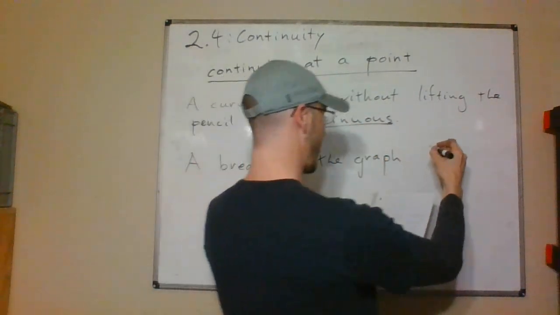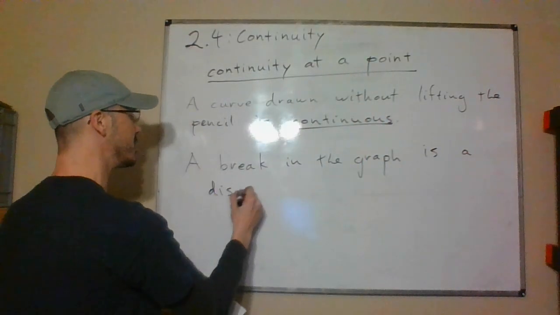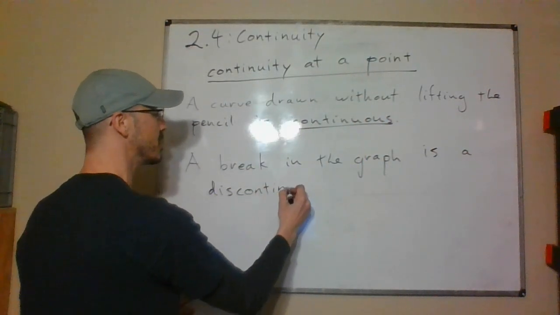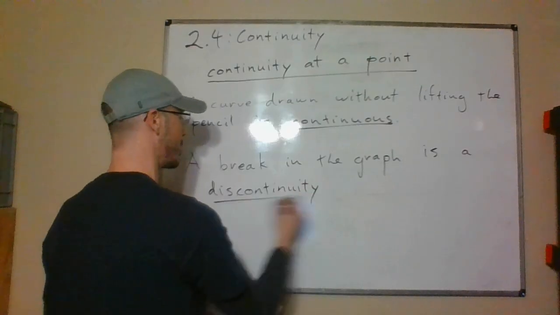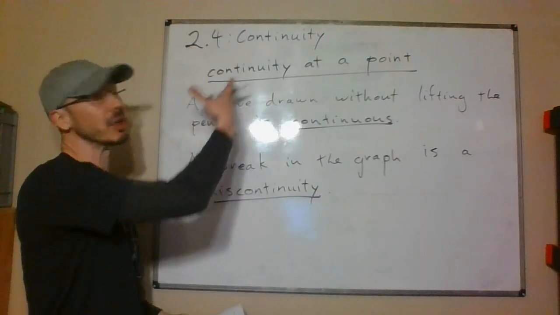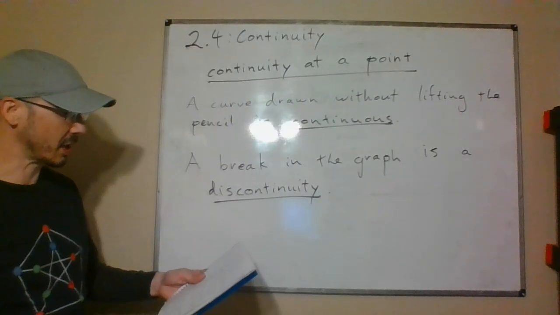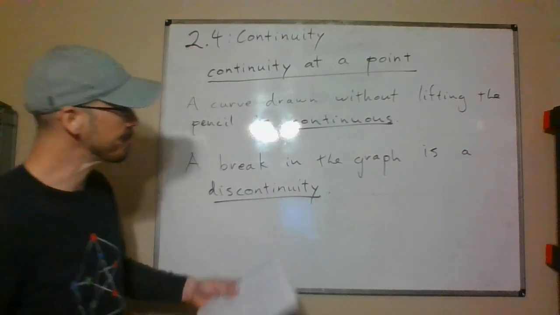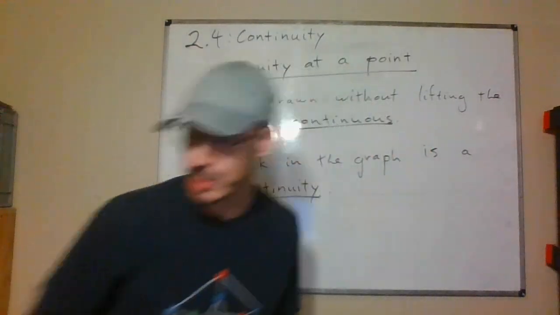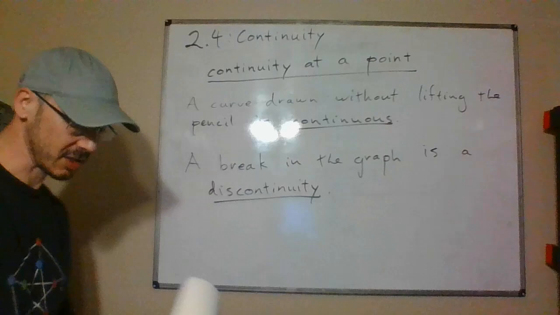A break in the graph is a discontinuity, or a point of discontinuity. We're looking at a point of continuity, but really it's better to start with the opposite. Let's look at the different types of discontinuity.